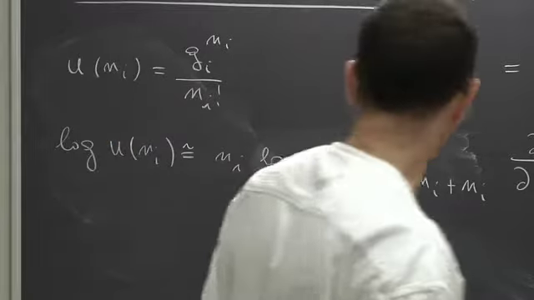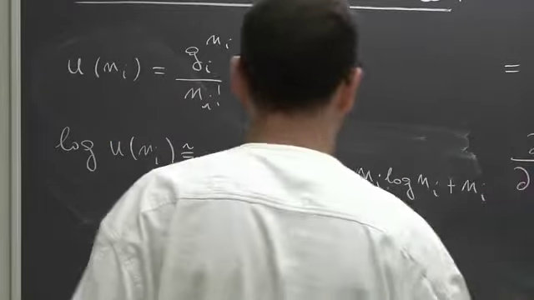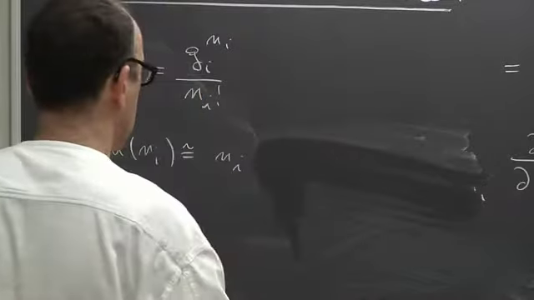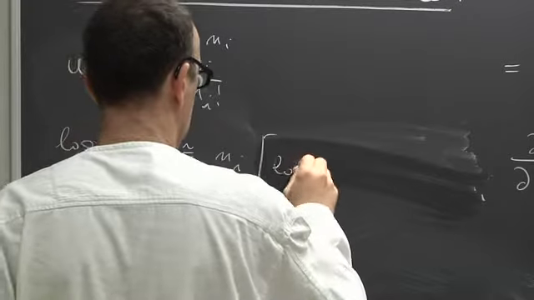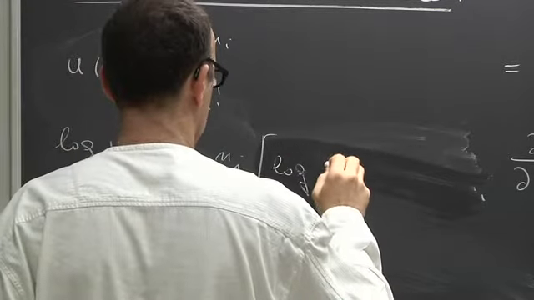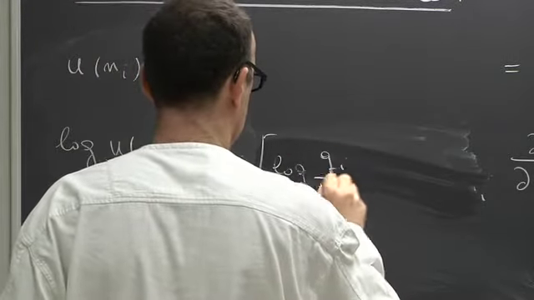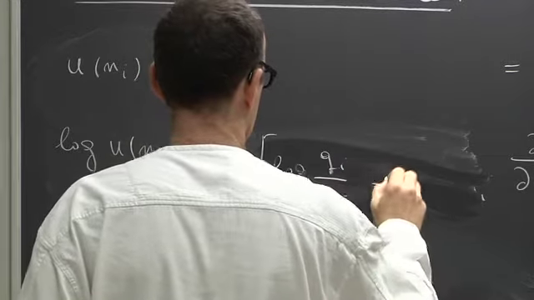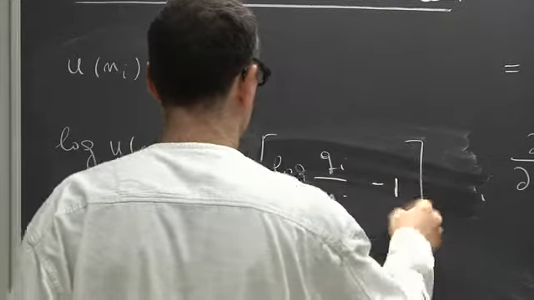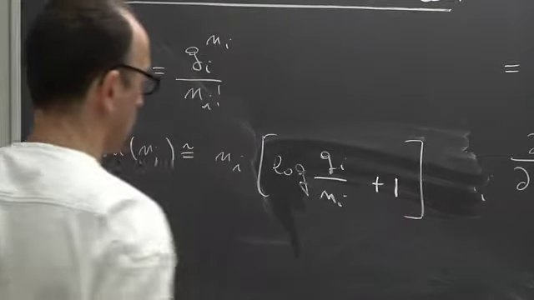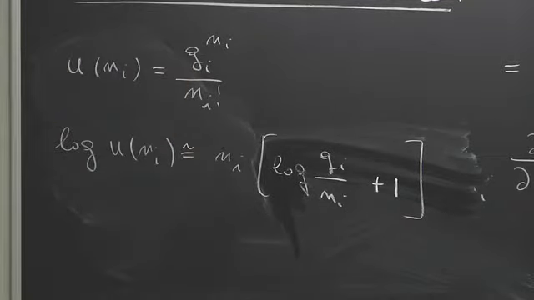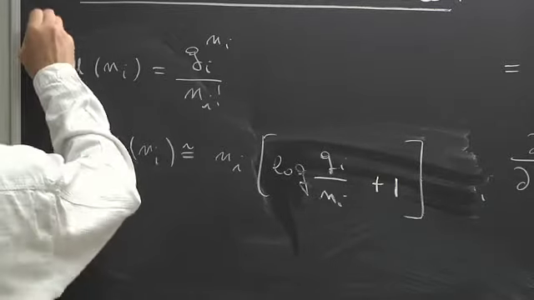Okay, so I will write this as Ni times log of Gi divided by Ni minus 1 plus 1. Okay, so this is the Maxwell-Boltzmann case.